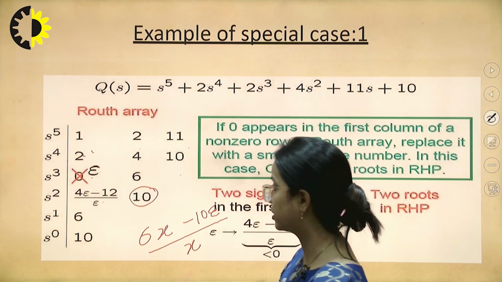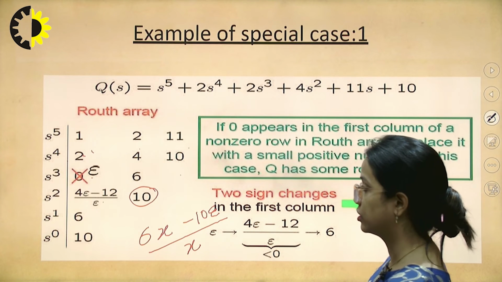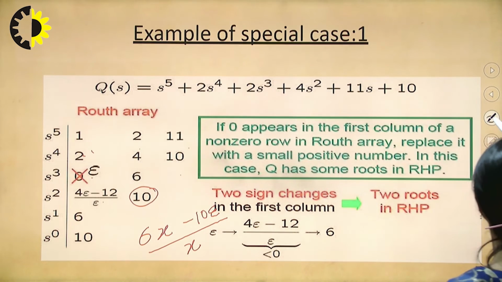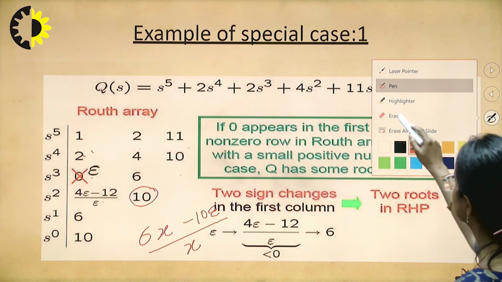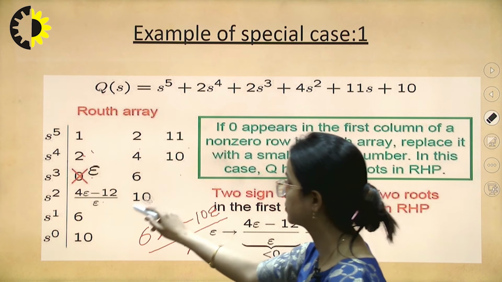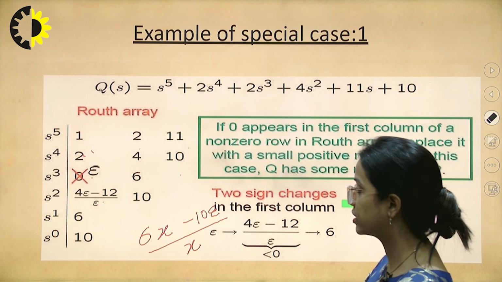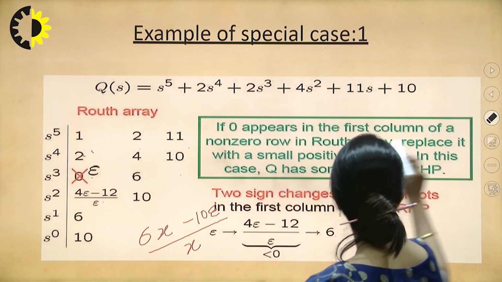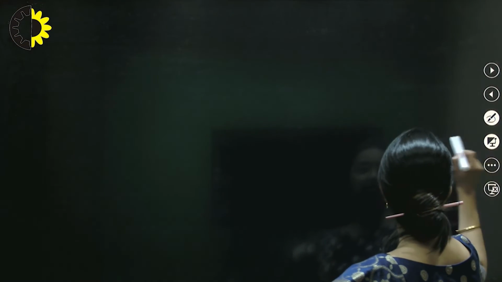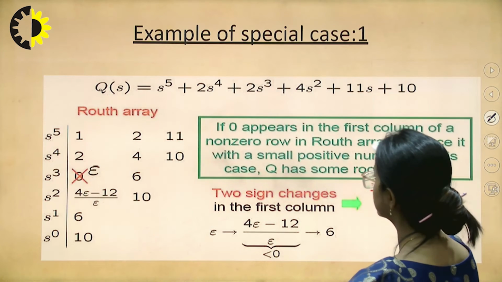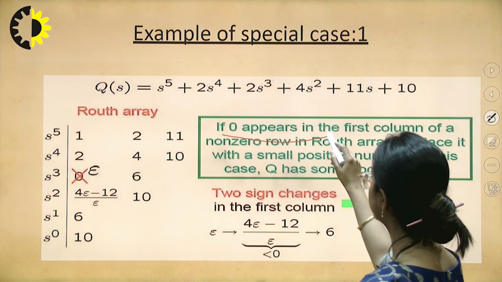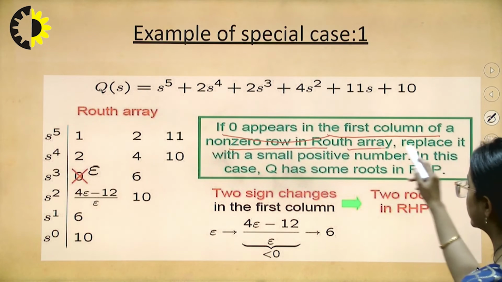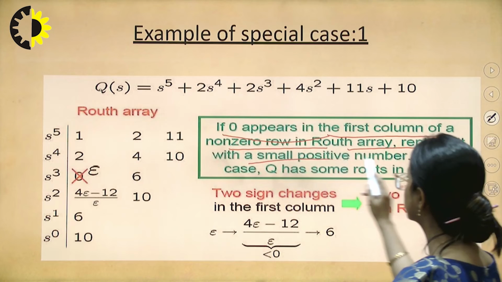Okay, here we have another term. So in this way we can see that this zeta can be predicted from the value, and we have to visualize that if 0 appears in the first column of a non-zero row, the row array replaces it with a small positive number.